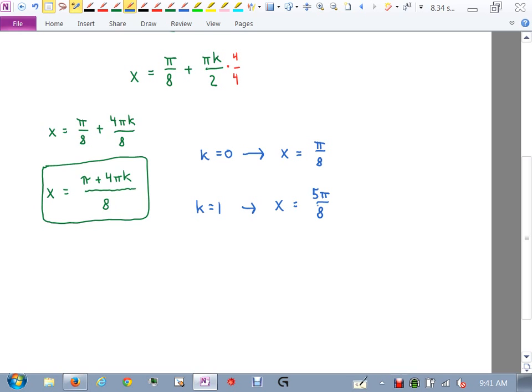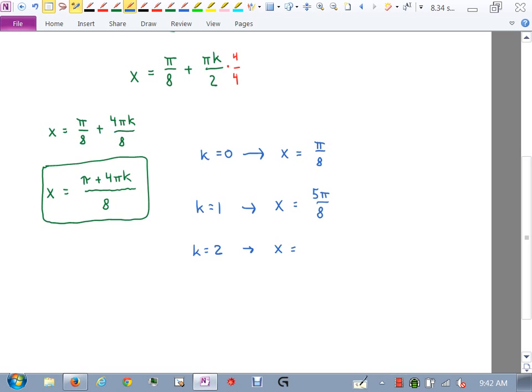Now I go again. K equals 3. X is what? Now you're, wait, 2, sorry. I skipped 2. K is 2. Did I say 2 and write 3? I said 3 and wrote 3? Okay. So 4 pi times 2 is what? 8 pi, and then add 1 is 9 pi over 8.